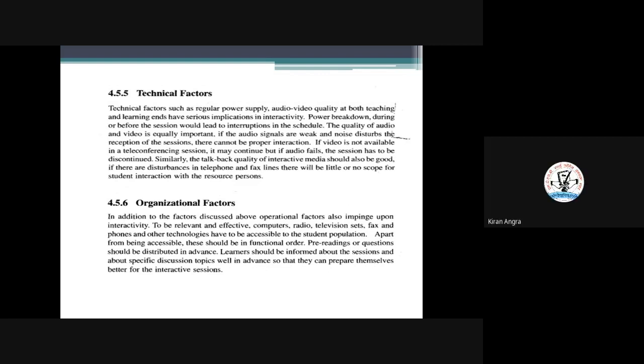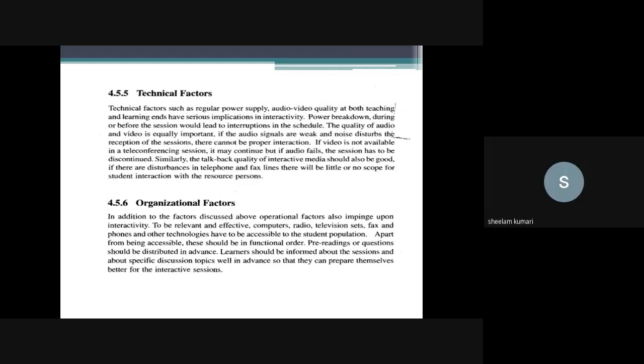Audio signals should not be weak, and noise disturbance should be minimal, because if there is noise, the audio signal may fall and the session has to be discontinued. So these are some of the technical errors we know.